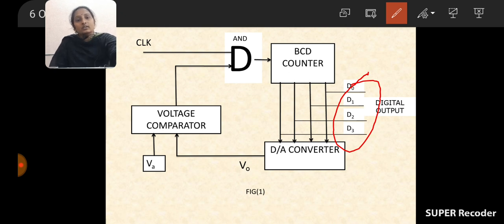Now again this voltage comparator will compare the input voltage with the output of the D2A converter and produce the output voltage. This process continues until the power supply is switched off or the input voltage given to the comparator is switched off.